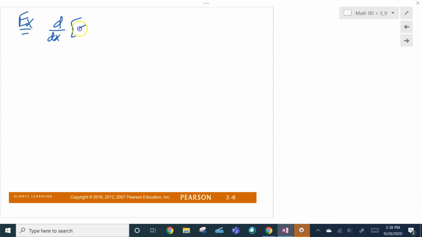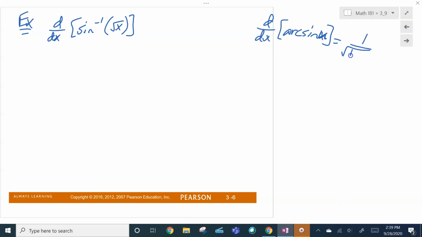The derivative of the arc sine of the square root of x. Again, we know that the derivative of the arc sine of u is 1 over square root of 1 minus u squared times u prime, right? In other words, chain rule on that.